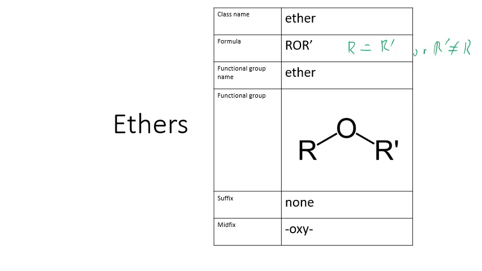R is any, again, alkane, alkyl group, or alkenyl group. And the prefix is in the middle, oxy. So there's no suffix. You won't know it's an ether from the suffix, but you'll know that the midfix in the name, which will be a reflection of what the 2 R groups are, is oxy.